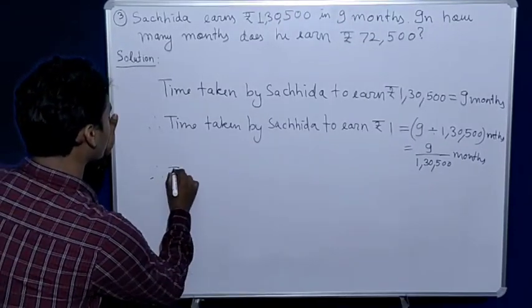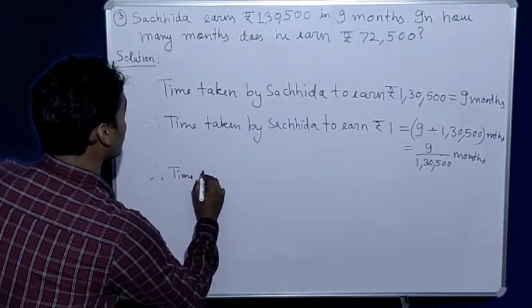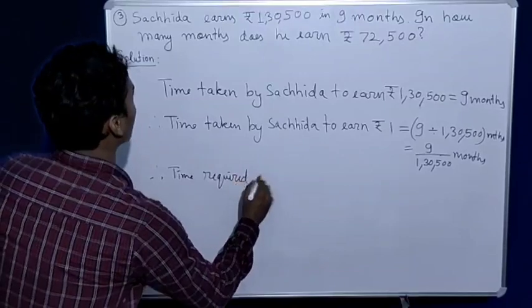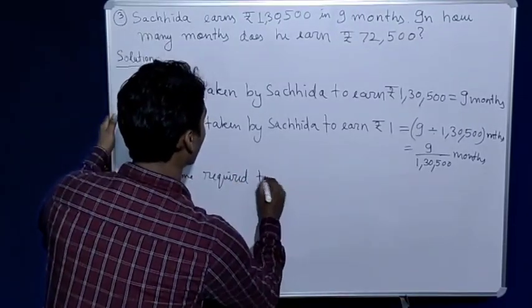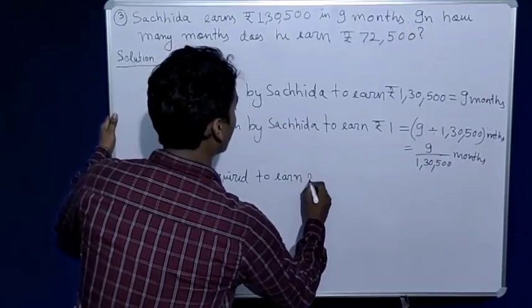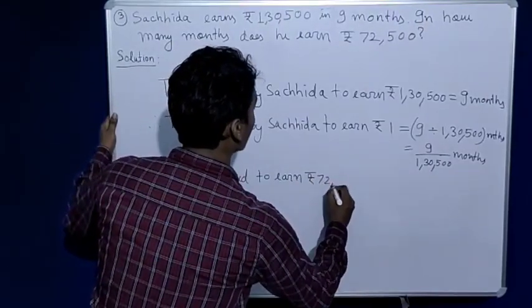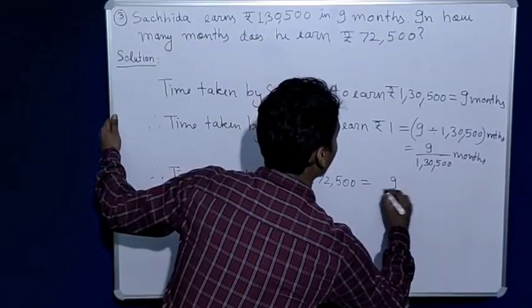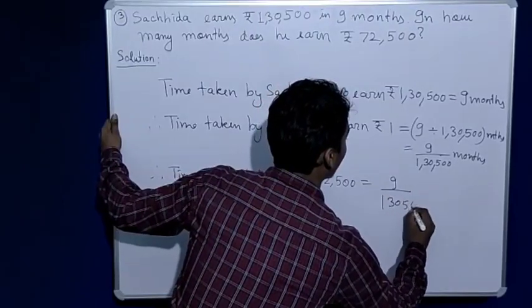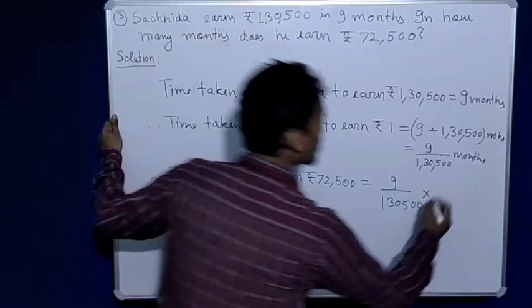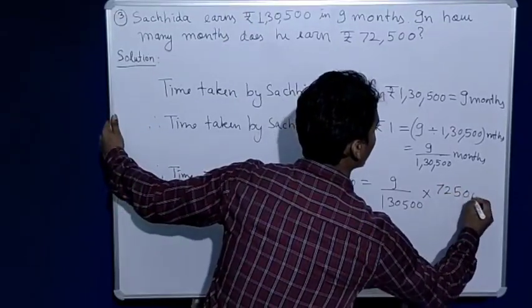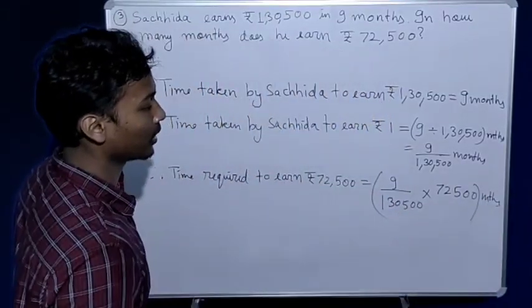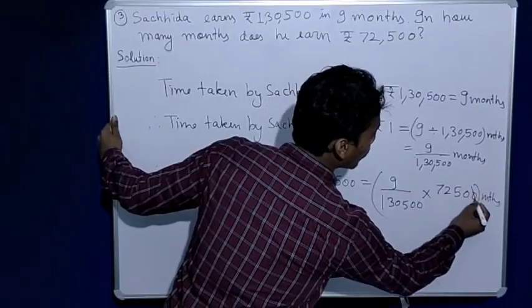So therefore the time required to earn rupees 72,500 will be equal to 9 by 1,30,500 multiplied by 72,500 months. So let's simplify it now. So 0 cancel, 0 cancel.